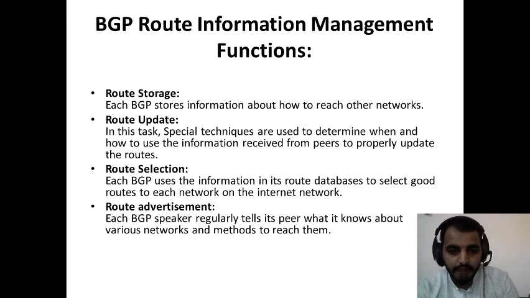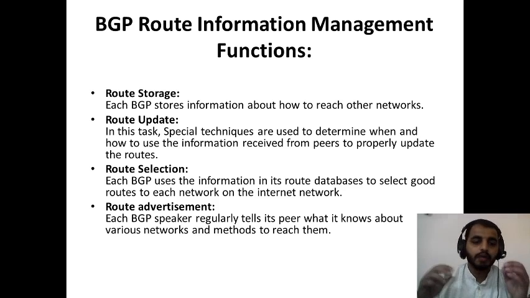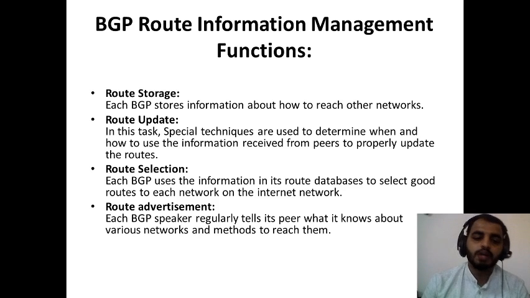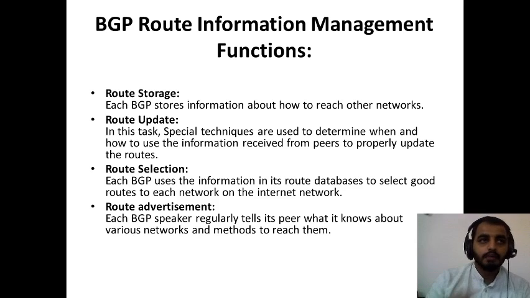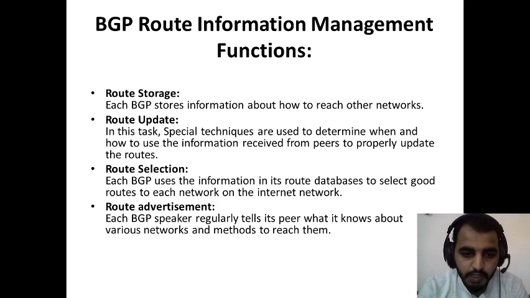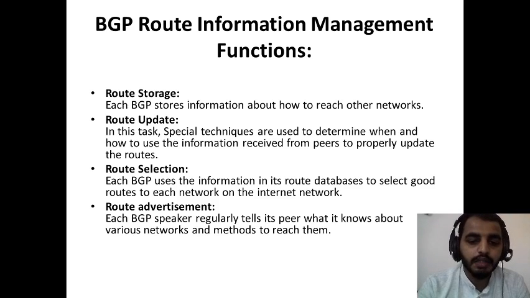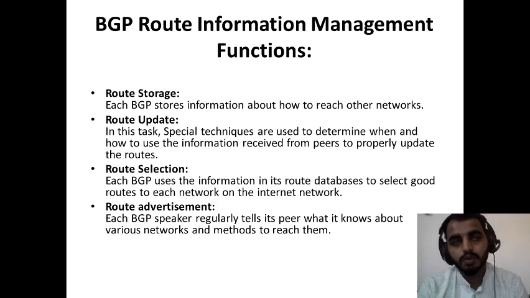Other routers can get updated, so that the routing table and routing information is set in every router, and the communication takes place in a better way. So what it says is that each BGP speaker regularly tells its peers what it knows about various networks and the methods to reach them.